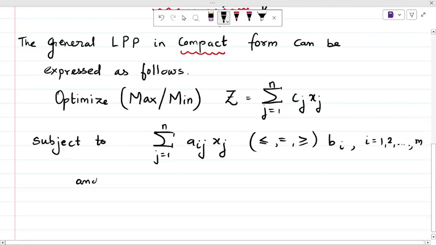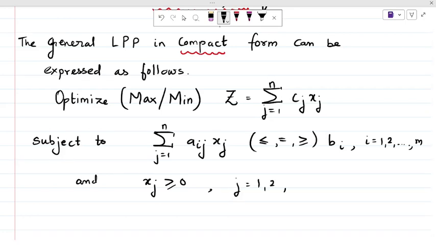And the non-negativity conditions are there, that is xj is greater equal 0 for j running over 1 up to n. Now this is the compact way of writing the general LPP.